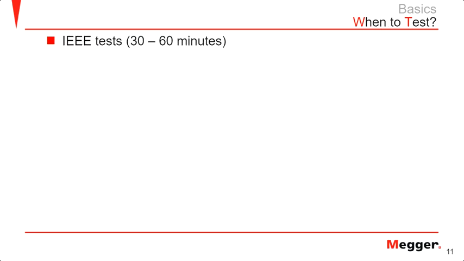Now, what does IEEE recommend? IEEE 400.2 is the standard for VLF testing, and it typically recommends that you do a 30 to 60-minute VLF test, and there are three different voltage levels that you have to follow depending on what kind of testing you're doing.